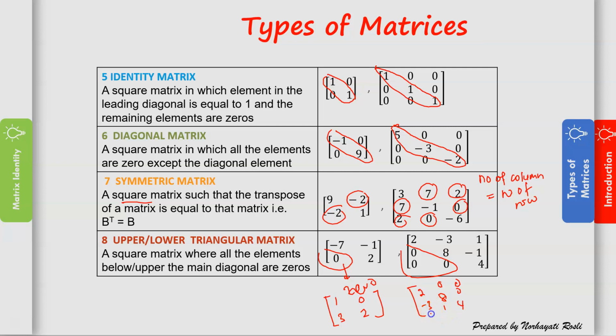And then here, for example, 2, 1, 4. So this is an example of a lower triangular matrix. It is the opposite of upper. Upper means that the values below the main diagonal are 0. But for a lower triangular matrix, it means that the values above the main diagonal are equal to 0.